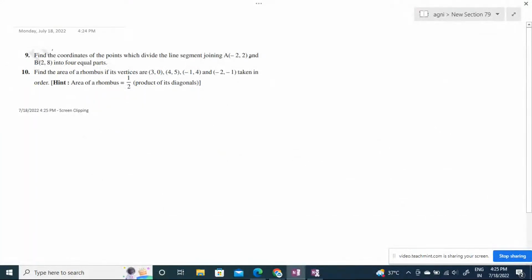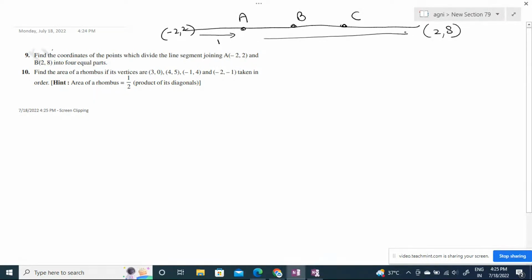Find the coordinates of the points which divide the line into 4 equal parts. Now in this question you have to make 4 equal parts. The points are -2, 2 and 2, 8. Firstly we take A, then B, then C. We take this ratio 1 and this ratio 3 and find the coordinate for A. Then for B, M becomes 2 and N becomes 2.